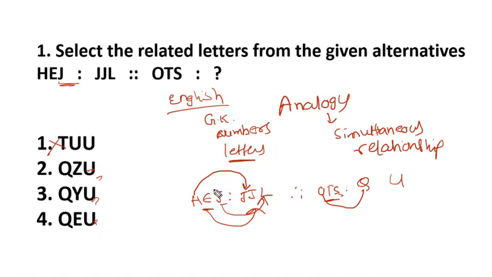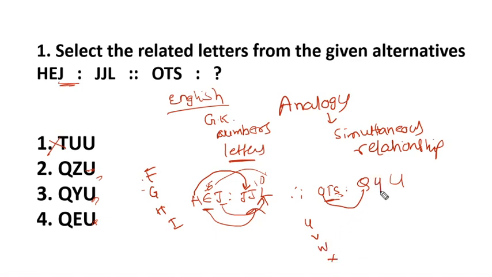E position is 5, J position is 10, so 5 plus 5 is 10. Or E, F, G, H, I, J: 4 letters are skipped between E and J. You can go with that format also. So here T, U, V, W, X, what will be the other element?